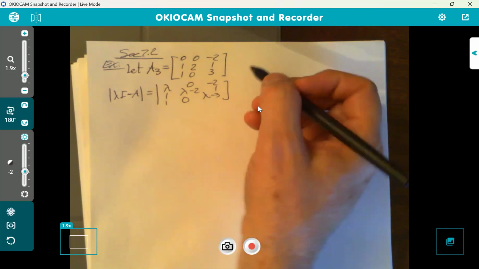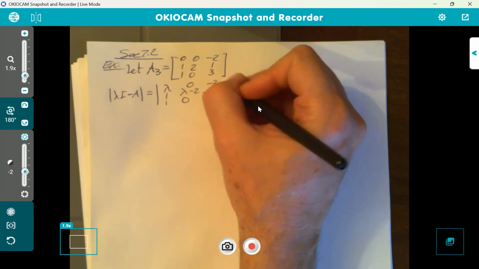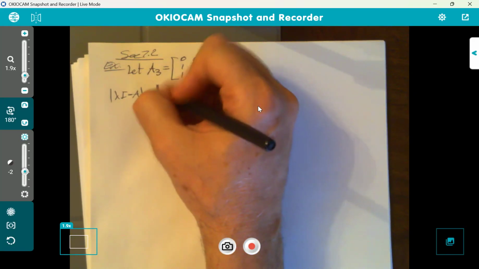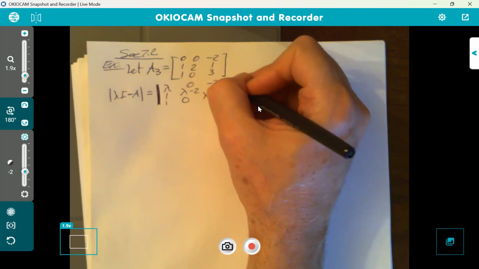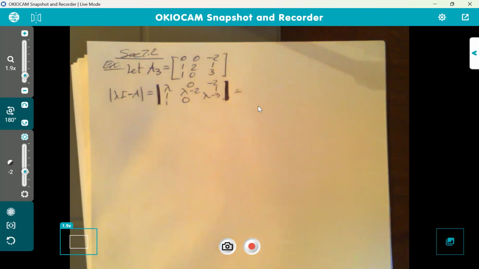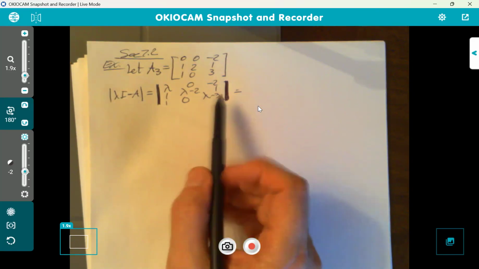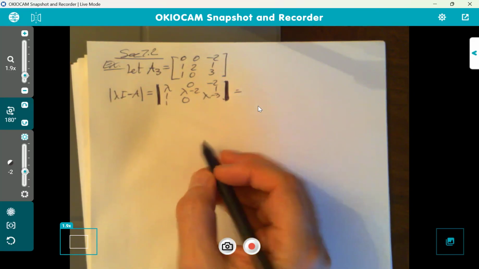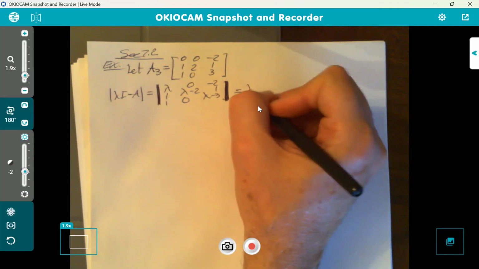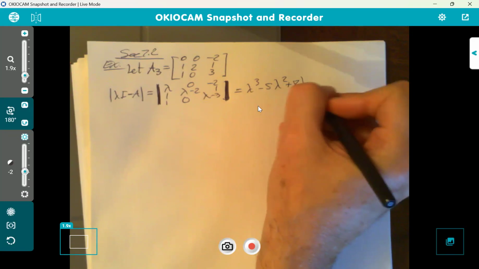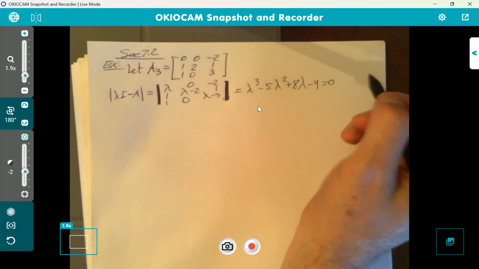Okay, so this is the determinant. Again, I got to be careful with this one. See, it's not a matrix, it's the determinant of a matrix. I worked this determinant in Symbolab. The characteristic polynomial turns out to be this, minus 4 equals 0.